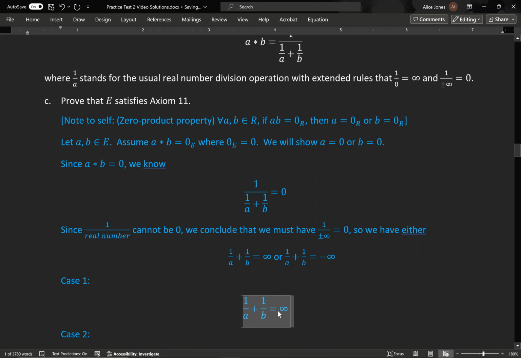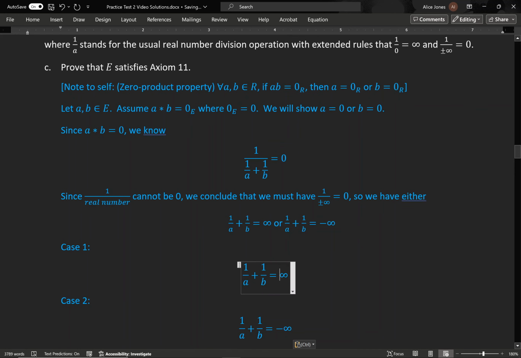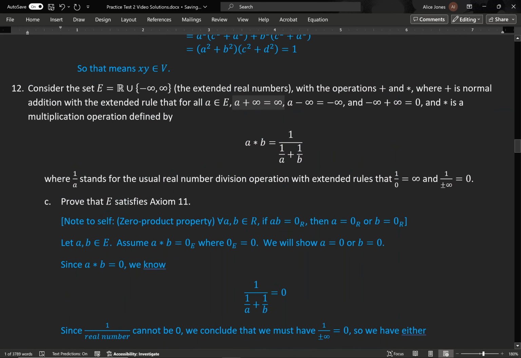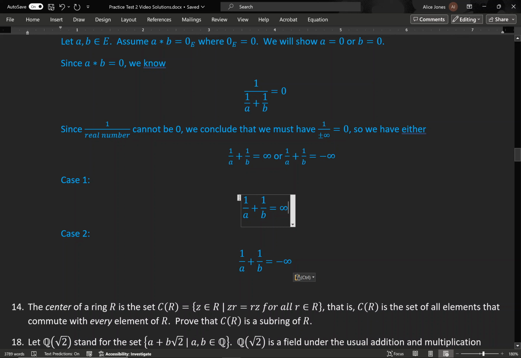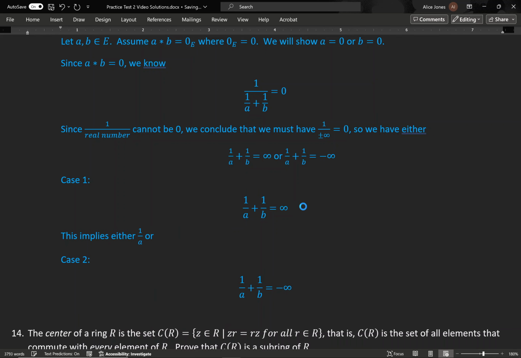We didn't get any rules about multiplying both sides by anything, but we do know when a sum turns out to be infinity, that's the situation where one of the things you were adding was infinity. And if the sum turns out to be negative infinity, that means one of the things you were adding was negative infinity. So this implies either 1 over A or 1 over B, or maybe both, was infinity.